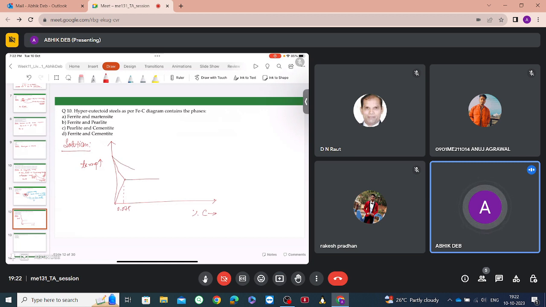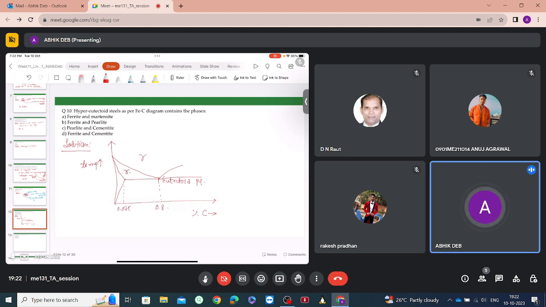Then we have this point, which is the eutectoid point, 0.8%. This is the gamma region.